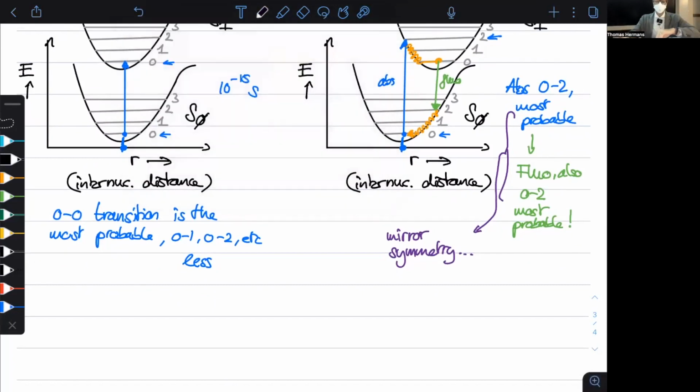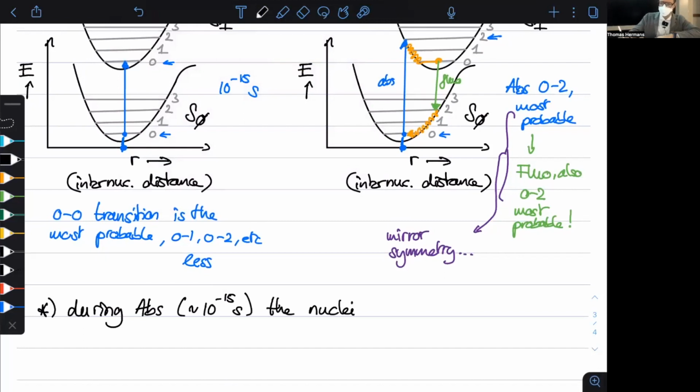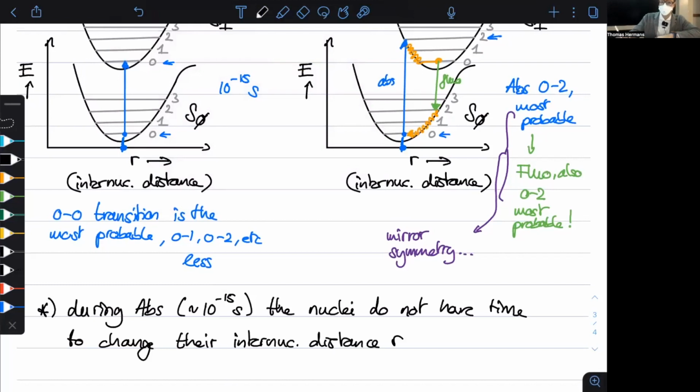Okay, let's do some writing. So during absorption, which is about on the time scale 10 to the minus 15 seconds, the nuclei in the molecule do not have time to change their internuclear distance, R. Okay.